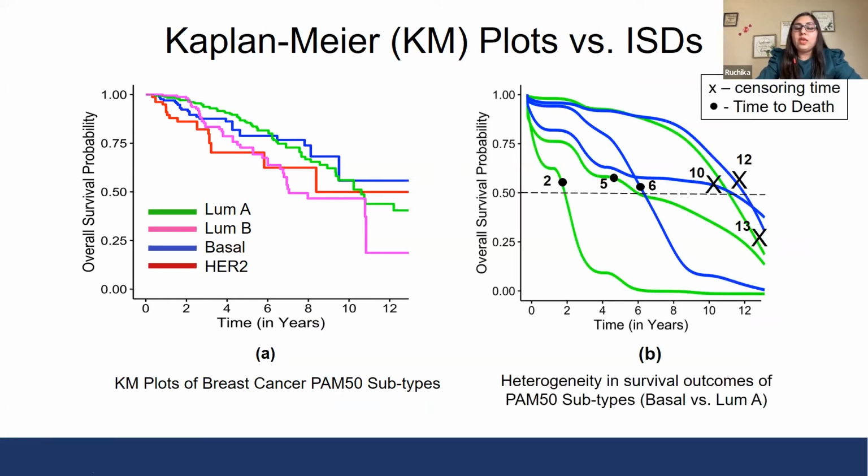But in ISDs, we can see individual behavior, or I would say individual personalized probabilities of a single patient. We can see that there is higher intratumoral heterogeneity here, because I'm showing 3 patients from luminal A, shown in green, and 3 patients from the basal subtype, and we saw that there is an overlap of survival, although their molecular subtype was different.